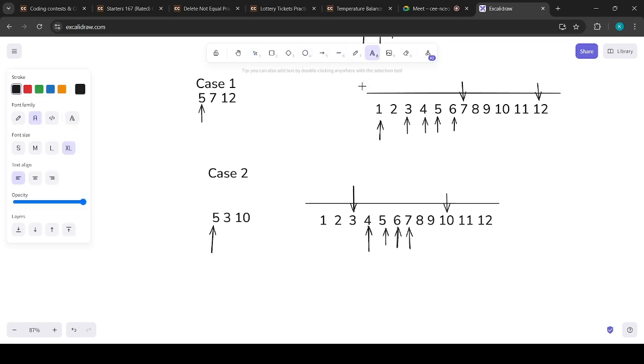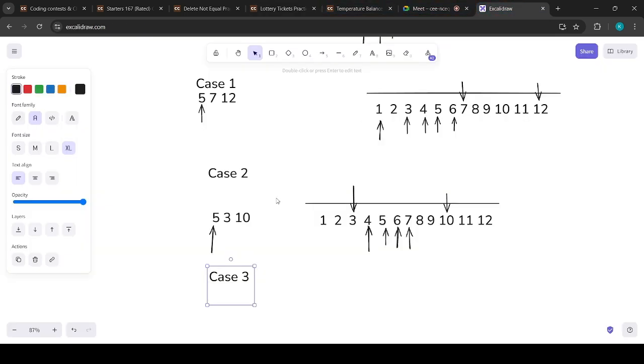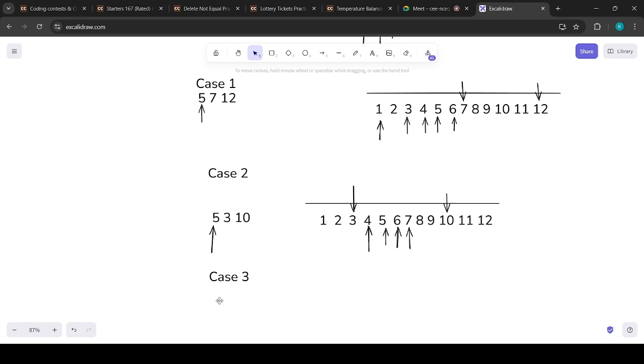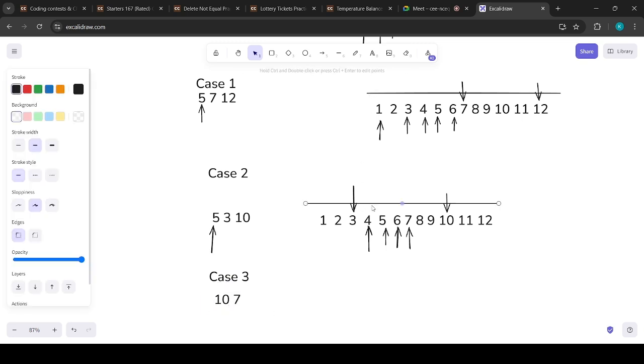And the third case is, let's take this as 10 and 7.